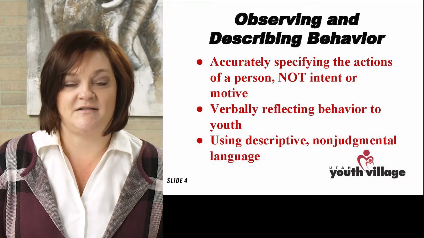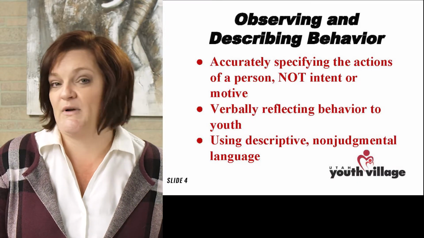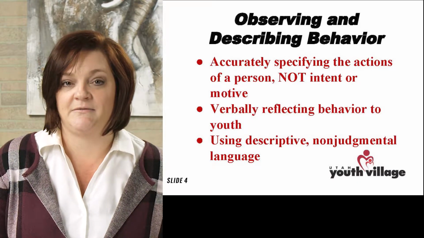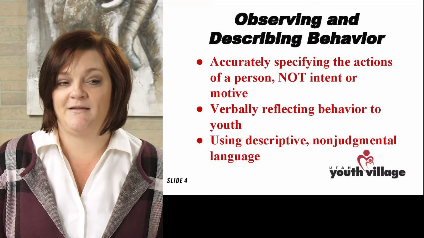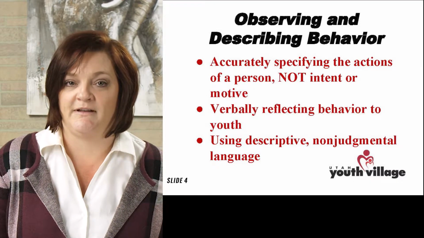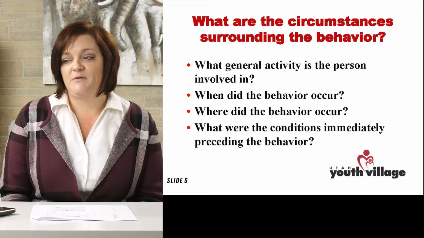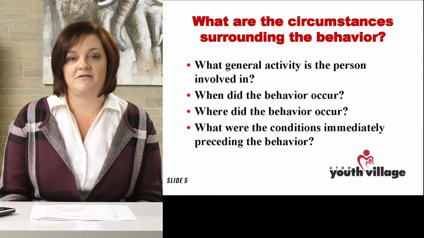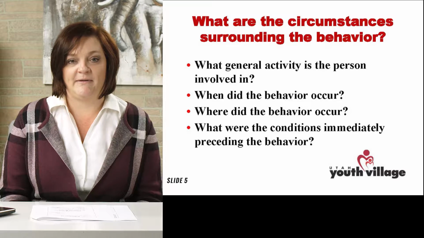And this applies to children of any age as well as adults. Oftentimes it really helps to take the perspective of the other person, and that's something that observing and describing really helps us do. So next we're going to talk about how we describe the circumstances surrounding the behavior.